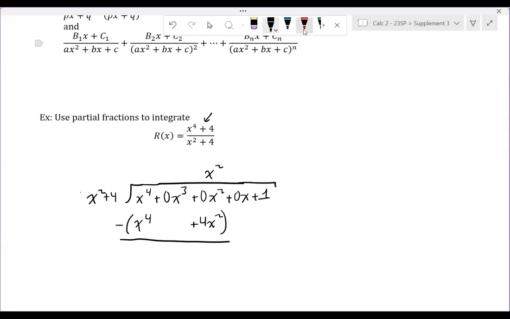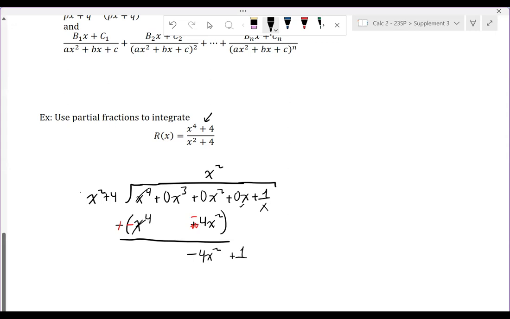I'm going to distribute that negative like I usually do, to make it a little less error prone. x to the 4th minus x to the 4th, they go away. Then I have a negative 4x squared. I don't have a 0x to bring down, so I'll bring down this 1.